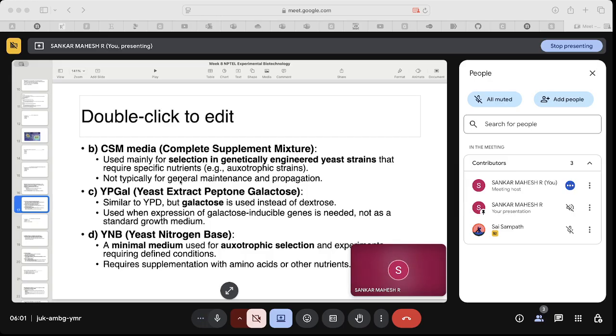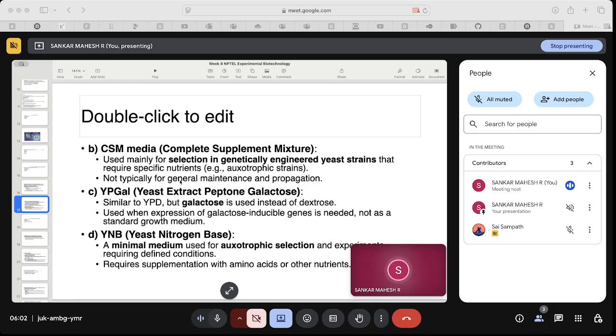You might have heard of auxotrophs of methionine and so on, for essential amino acids. So this complete supplement mixture will have a percentage of all the essential metabolites in such a way that it can be used to select or grow the auxotrophs. And YP-gal is yeast extract peptone galactose.